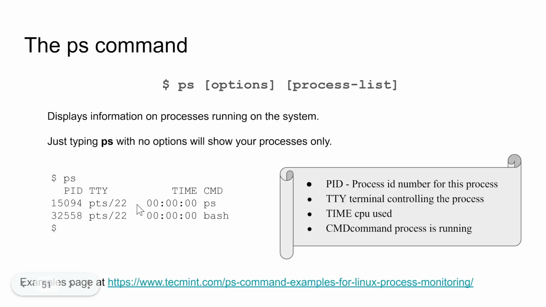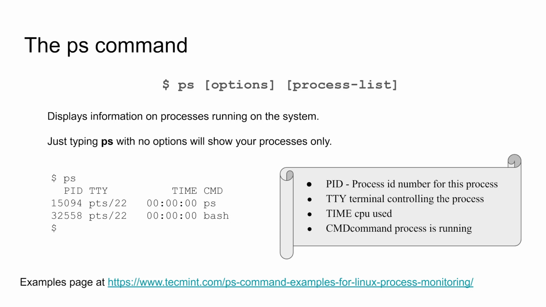Okay, so finally, ps. Oh, I love ps and I hate ps. ps is a way to show process status, right? ps, and then there are options, and then there is potentially a list of processes I want to inspect. But if I just type ps, I'll get an output that looks kind of like what's shown here. Four columns of information: PID, terminal type, time, and command. The process identifier, we know what that is.